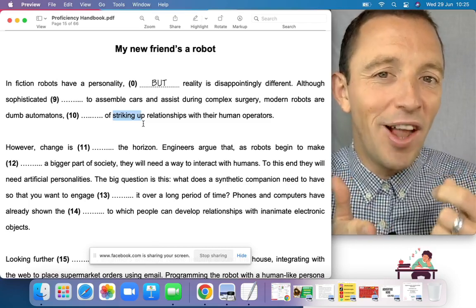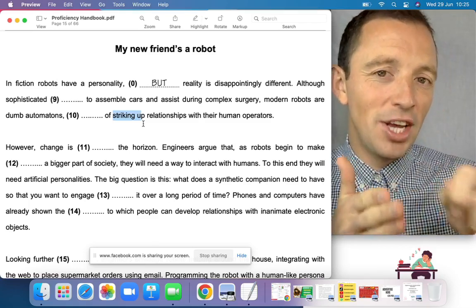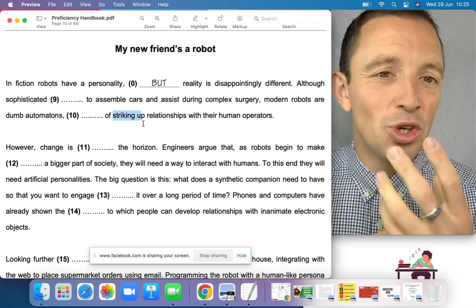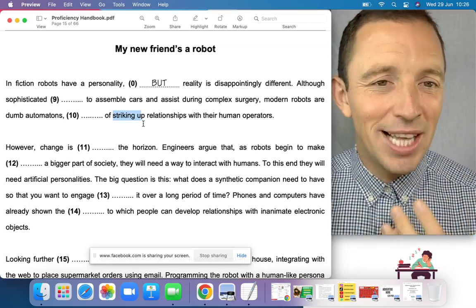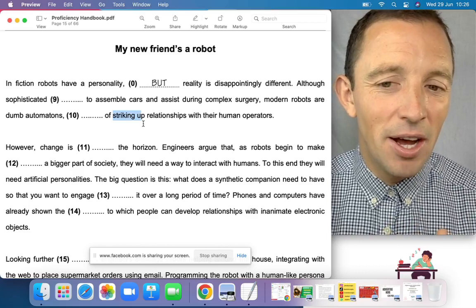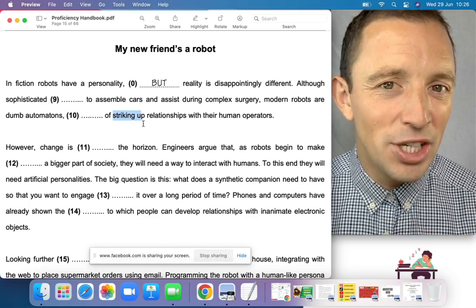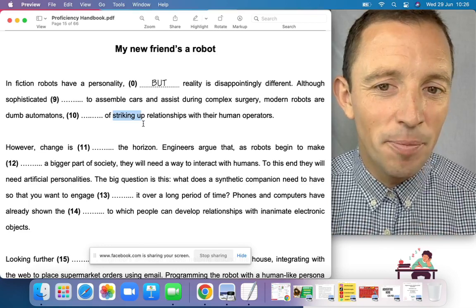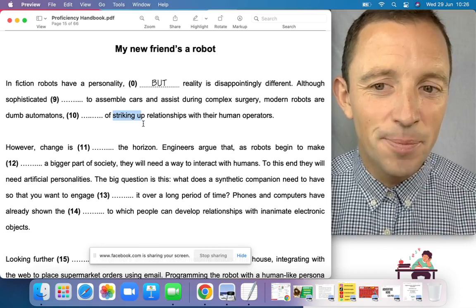When you want to light a fire, you have the match and you need to strike the match. So strike up a match means to create the fire. So that's probably the origin of this expression. To strike up a relationship means to create a relationship with their human operators.